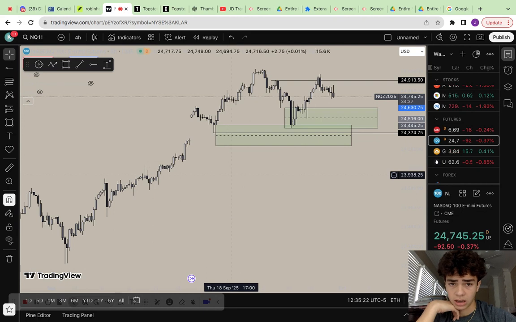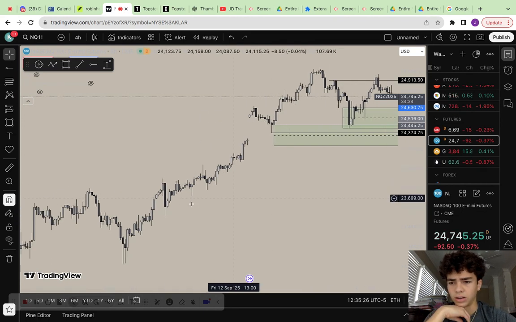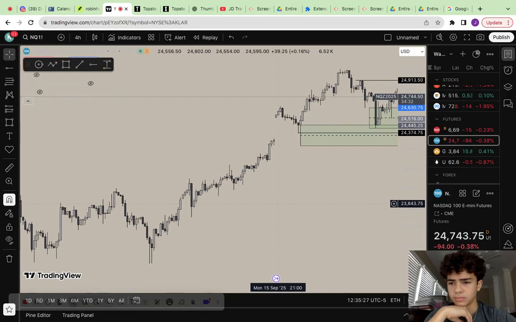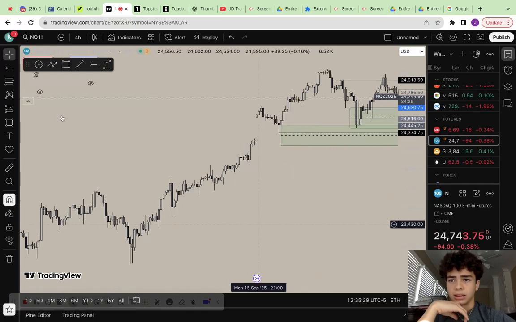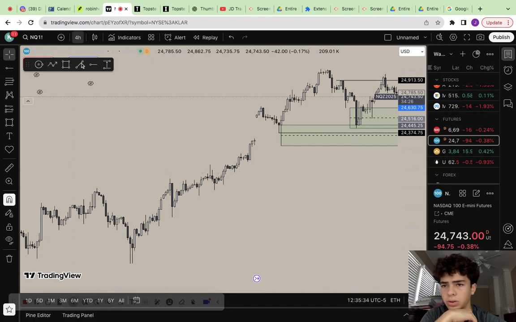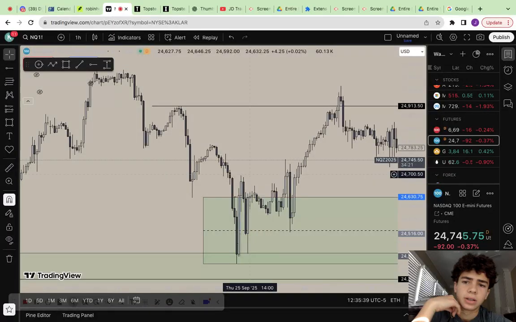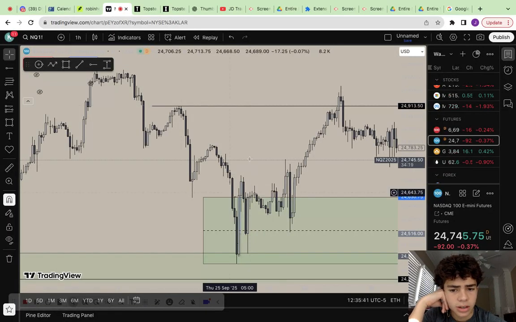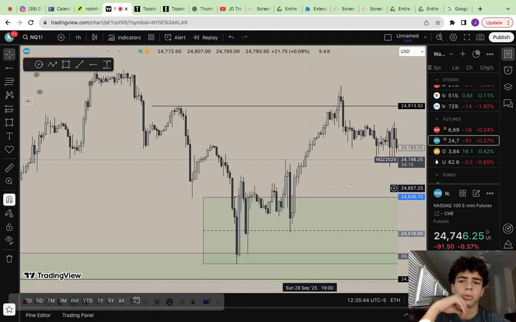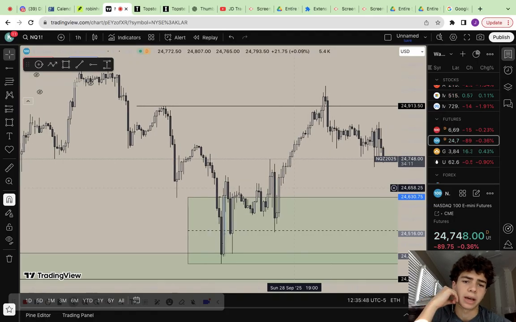Let's see another example. Let's see if I can find any good ones. These setups happen pretty often. Let's go to the hourly to maybe find some better examples here. Okay, so all we are looking for is a wick that takes out liquidity and closes back above or below.